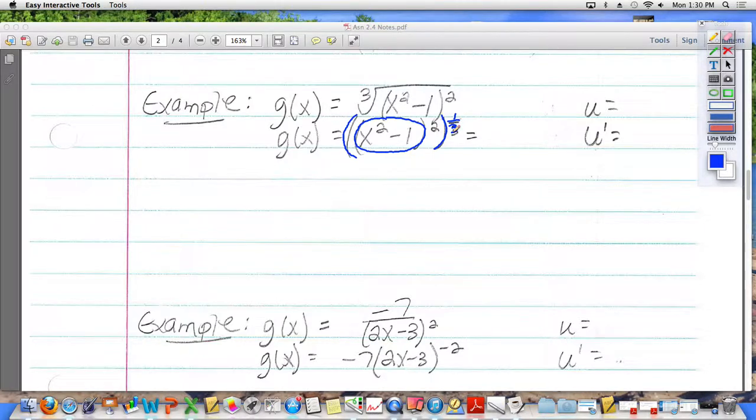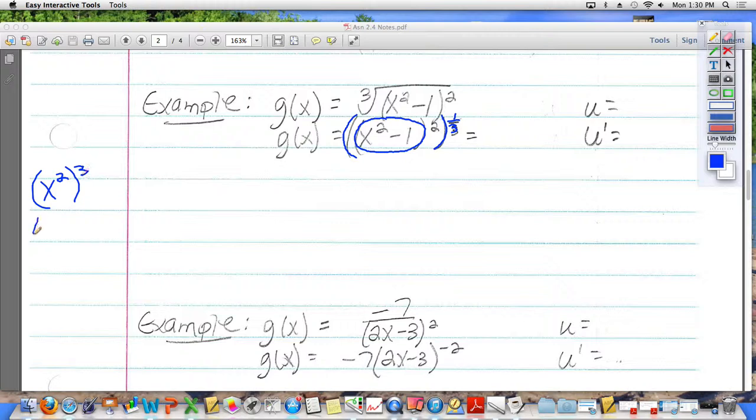So now I need to take you back to maybe Algebra 1. You were taught that if you had x to the second power, to the third power, what did that mean? It was x to the sixth power.